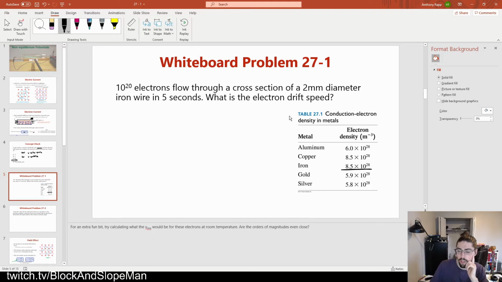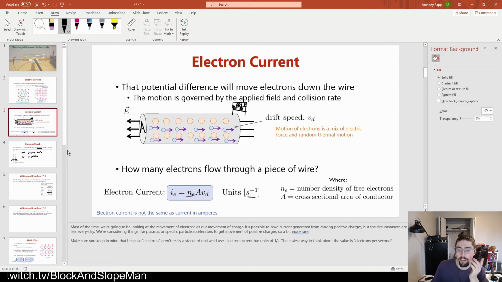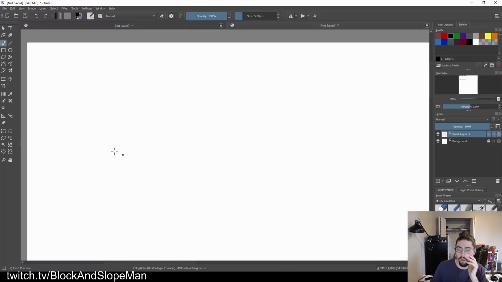What I'm looking for is electron drift speed, and I've only really got one equation that I can use for all of this stuff, so we're going to start with that one. The electron current is going to be equal to the number density times the cross-sectional area times the drift velocity. Drift velocity being the thing that we're after.